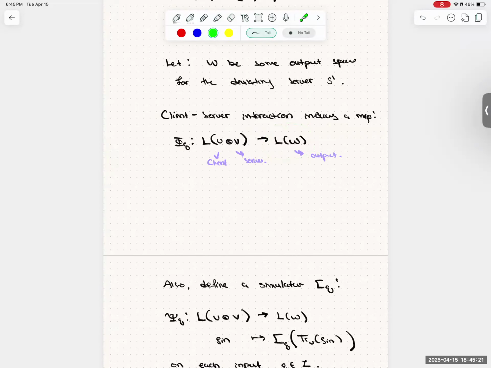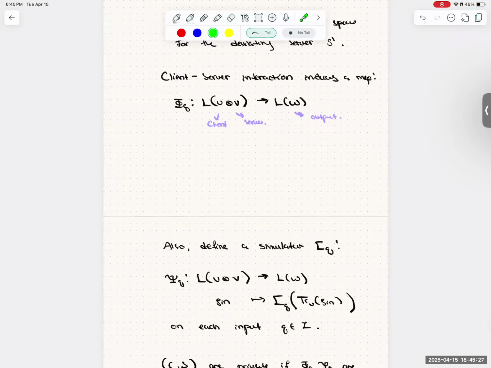And then the simulator is just showing that whatever Bob can do computationally with the help of the interaction, he could also just do on his own with his own side of things. Yeah, exactly. So I agree there. I think that's all I had to say.